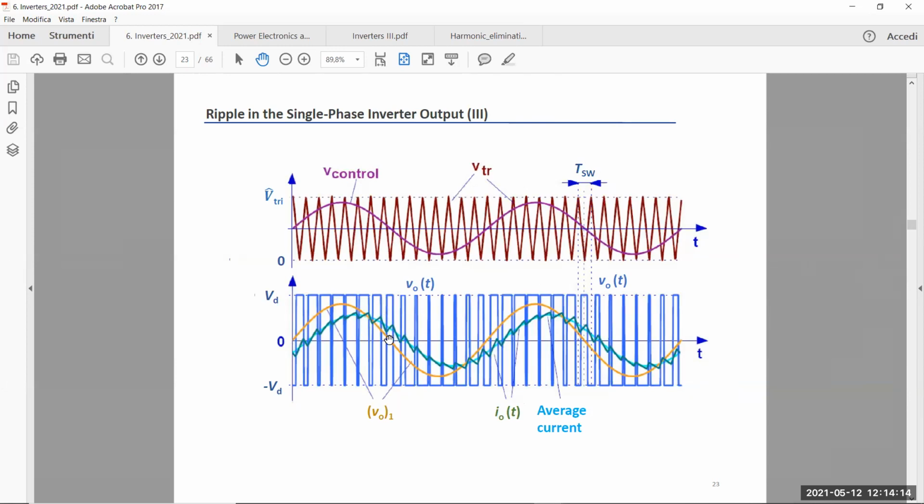Conversely, when the orange curve, which is the fundamental component of the voltage, crosses zero, for example here, the ripple in the current has the highest value due to the fact that the ripple voltage is very large. Okay, I hope this is clear. If you have questions, of course, I can answer your questions.